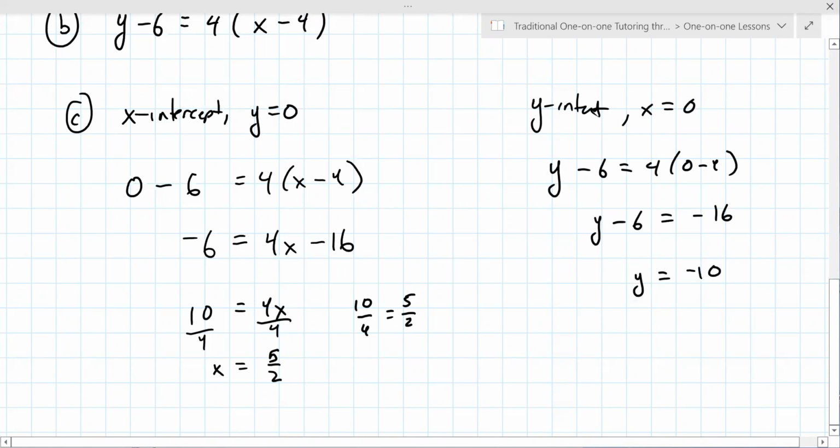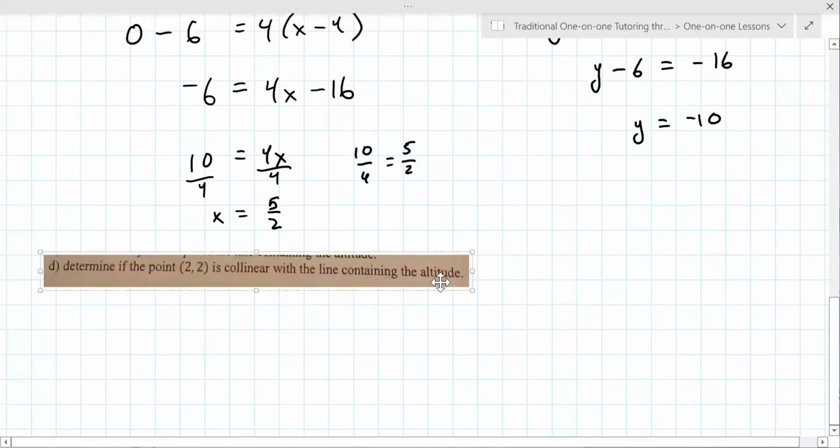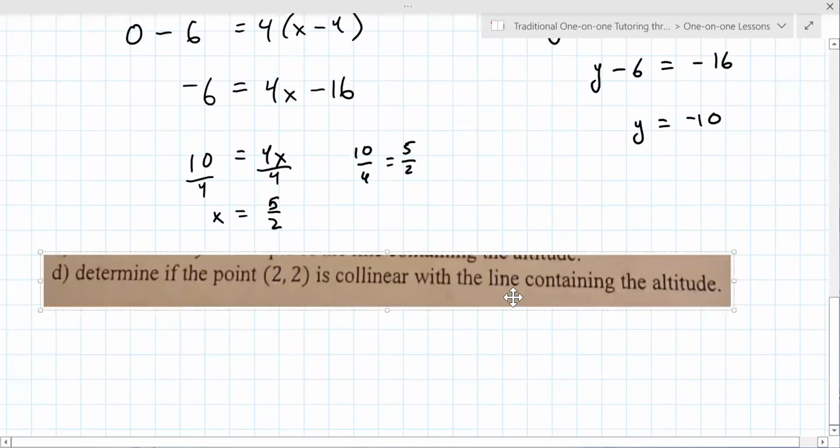All right, cool. And then the next part of the problem, let me snip that in so you can see it, because I think it's good to see. It says determine if the point 2 comma 2 is collinear with the line containing the altitude. So here's the equation of our line. Do you remember what you do here?